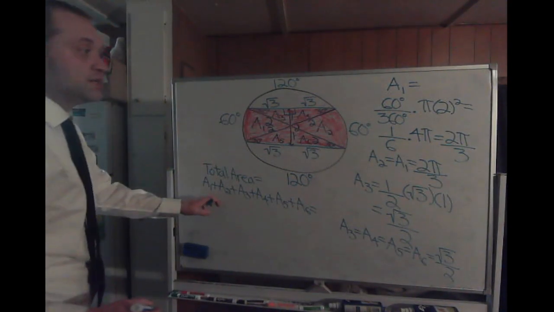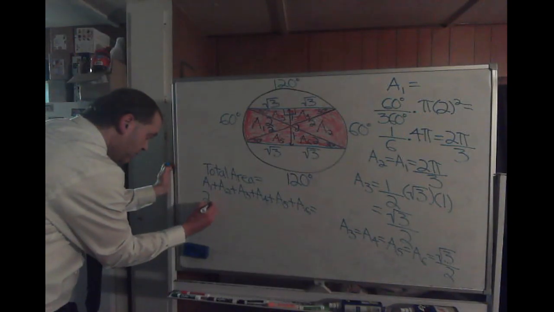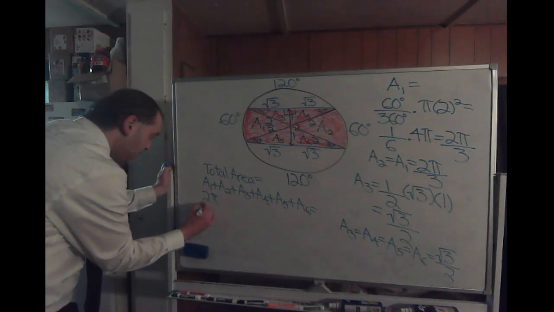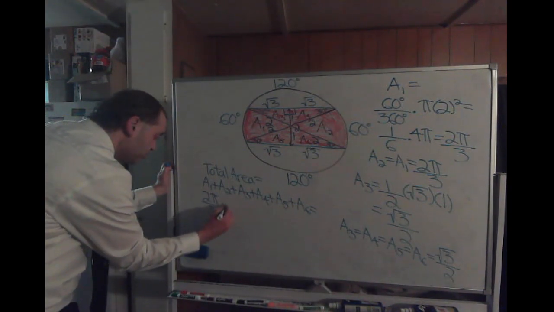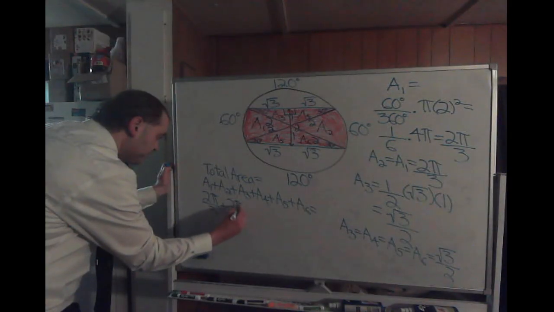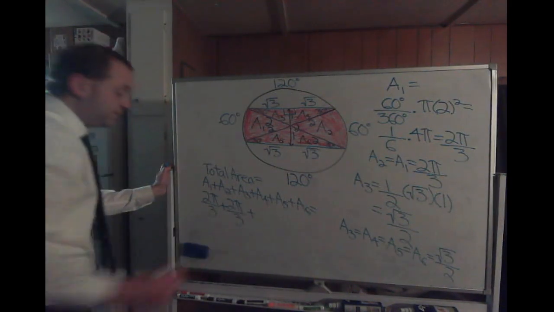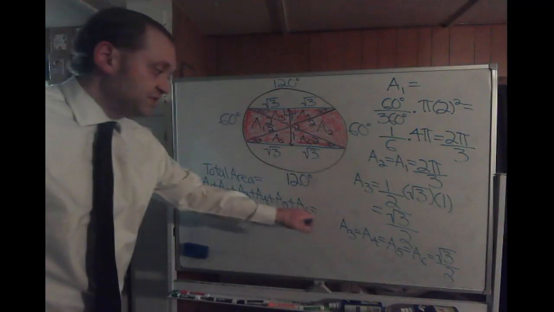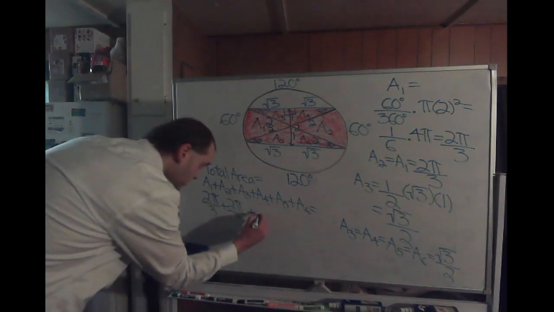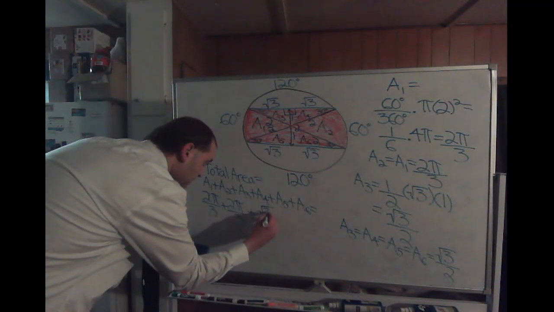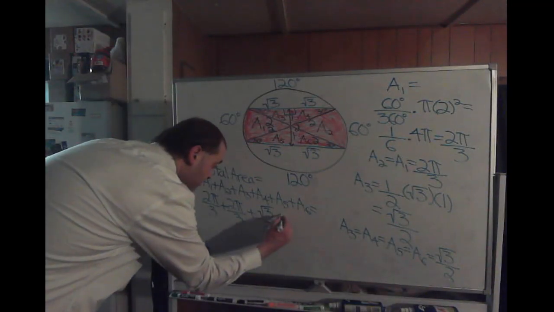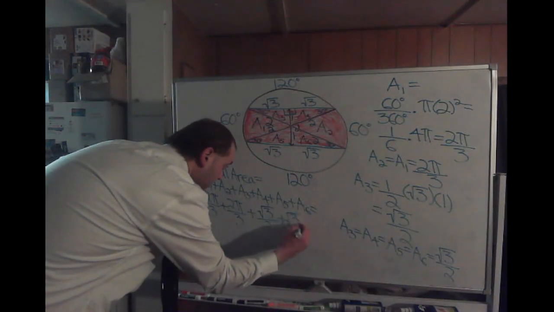Well, area 1 and 2 are both 2 pi over 3, so that'd be 2 pi over 3 plus 2 pi over 3. Now you have 4 areas, 3, 4, 5, and 6, that are the square root of 3 over 2. So you're going to add all these areas together and you're going to get a really cool number.